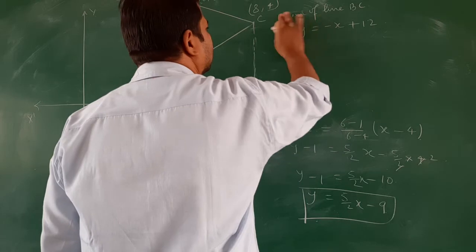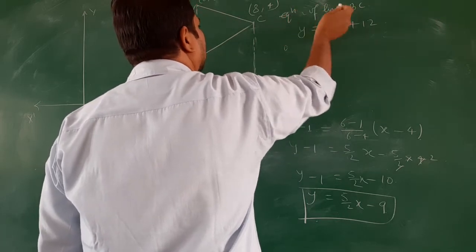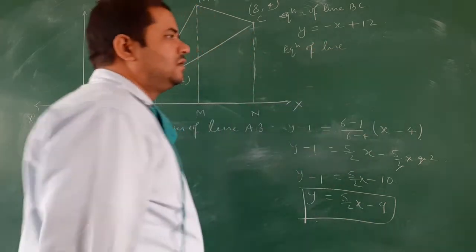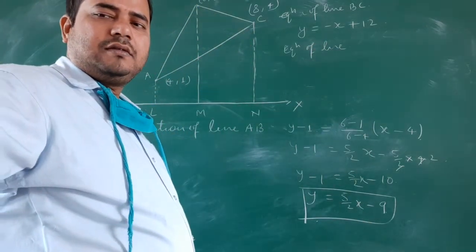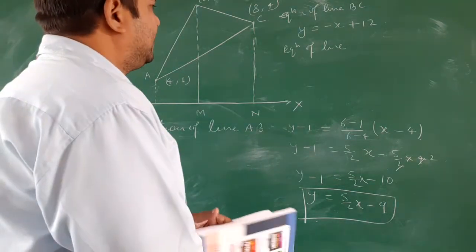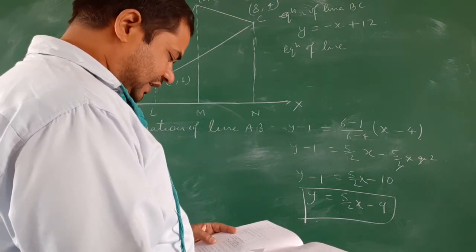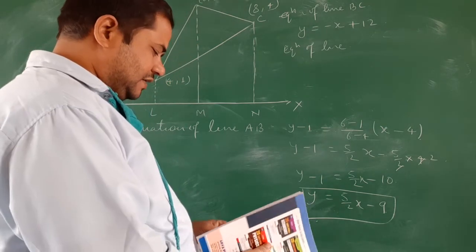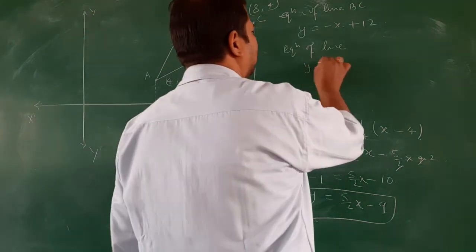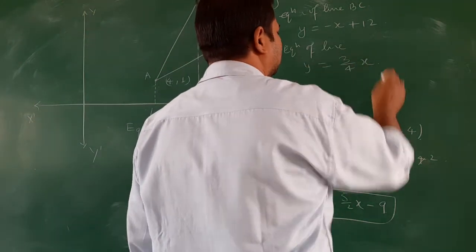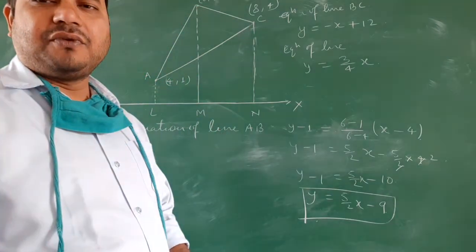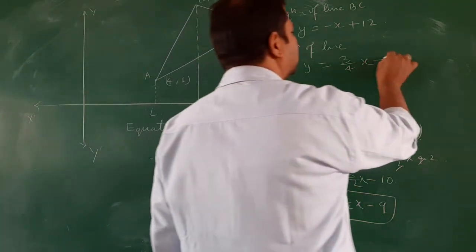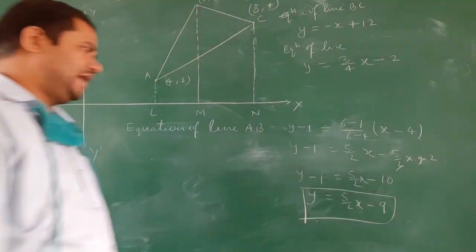Similarly, the equation of line AC, that means CA, is y is equal to 3 by 4 x minus 2. So these are the equations of the lines.